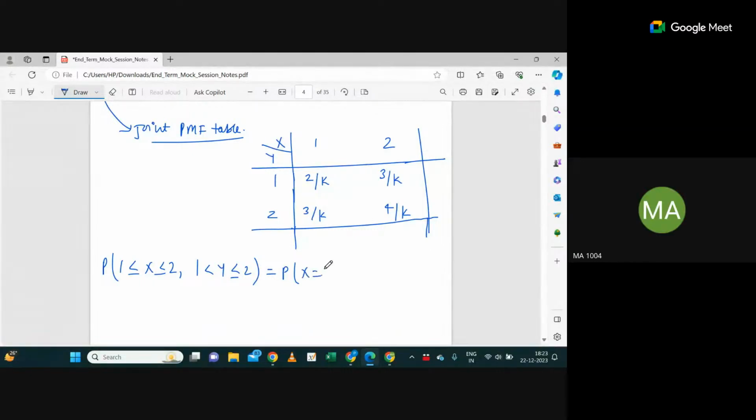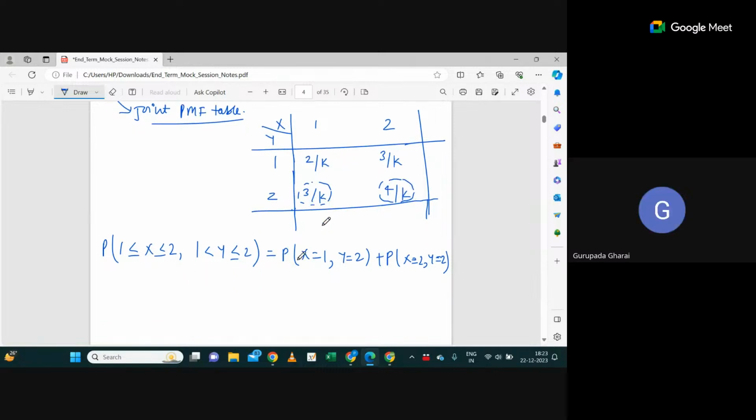That means probability x equal to 1, y equal to 2 plus probability x equal to 2, y equal to 2. Any doubt? We have to add this value and this value, so basically it will be 3 by k plus 4 by k, which is nothing but 7 by k.